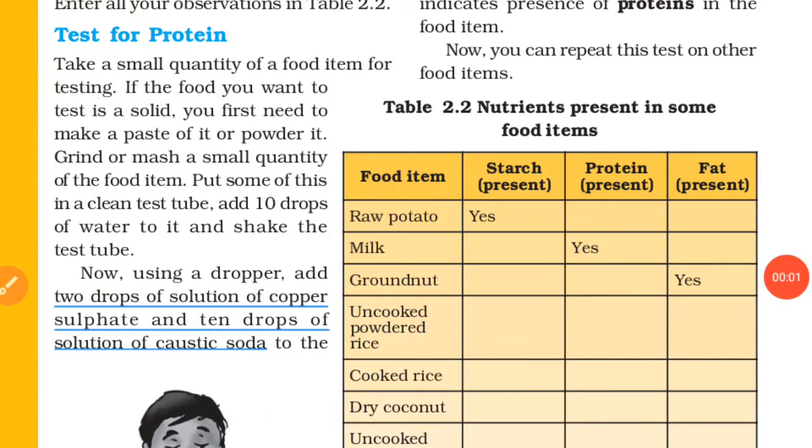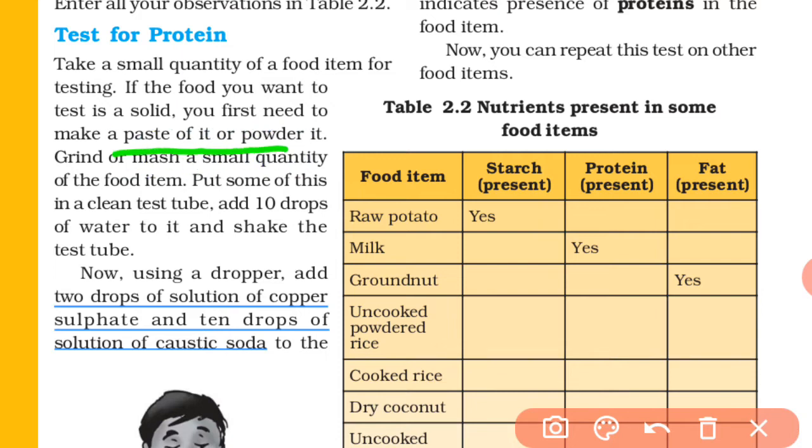Now let us test for the protein. What is the procedure? Take a small quantity of the food item for testing. Whatever food we need to test, we take a small quantity of it. If the food you want to test is a solid, then you can make a paste or powder of it.